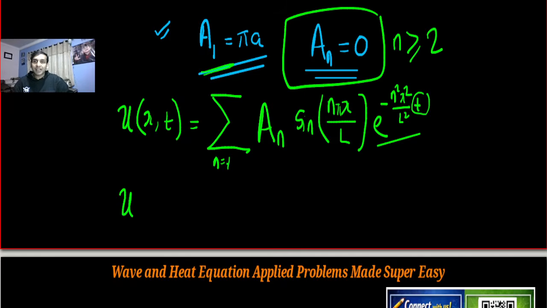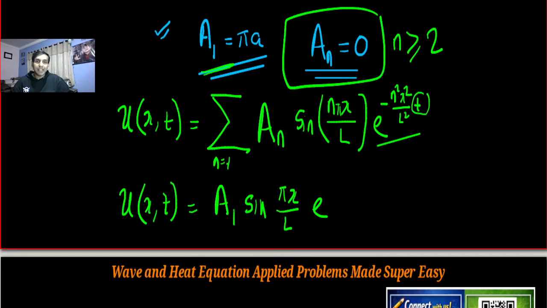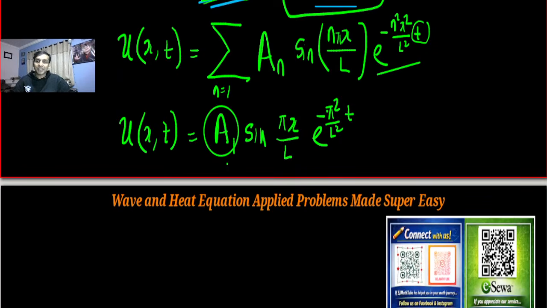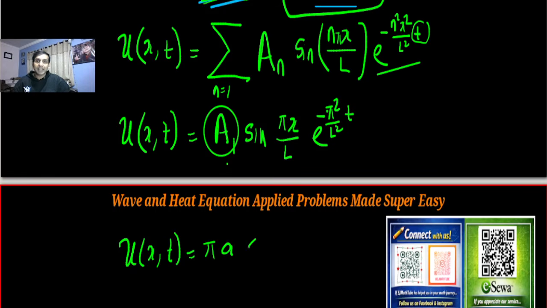So I'm going to get u(x,t) is equal to a1 sine pi x by L e to the power minus pi square by L square into t, and the value of a1 is pi a. So my final solution is u(x,t) is equal to pi a sine pi x by L into e power minus pi square by L square into t.